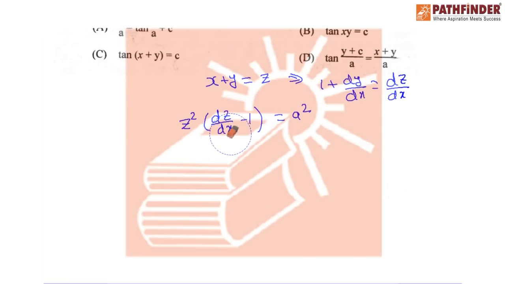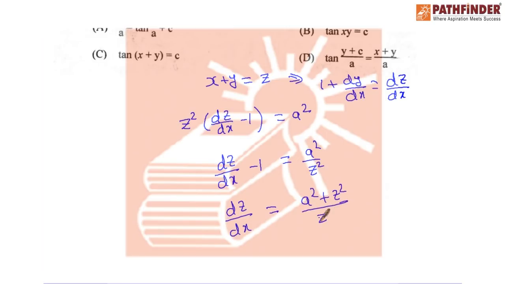After rearrangement, dz by dx minus 1 is equal to a square by z square, or dz by dx is equal to a square plus z square by z square.